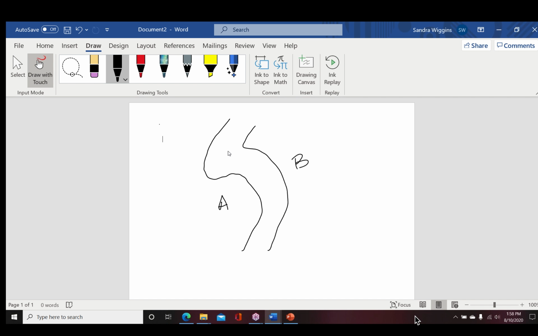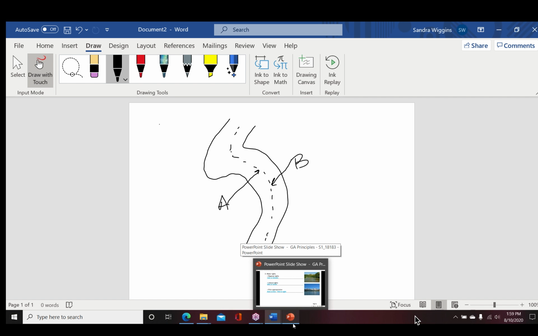Okay? So creeks and streams are non-navigable, and the property line, if it is non-navigable, would be the middle of the waterway. So Mr. A would own to here, and Mr. B would own to here. The middle of the waterway would be the line.